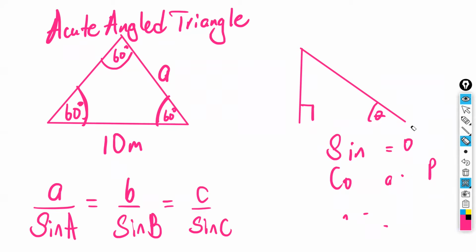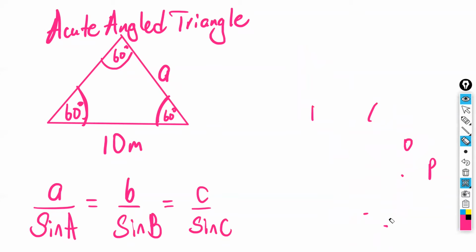Let's rub out the right angle because we already know that situation. So guys, we have a side here and this side. The angle that's pointing to the side is the 60. Let's call the 10 b.